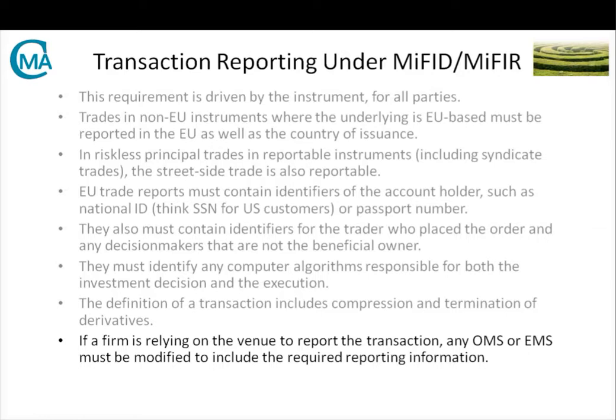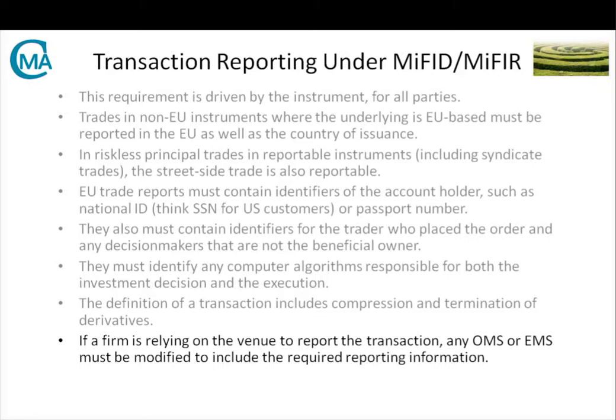Transaction reporting can be done by the venue, the trading venue, an exchange or an MTF or an OTF. But if you're relying on them, let's say you're an asset manager relying on them to do that, all of the information that's necessary, including all these identifiers you see above, has to be in the order in order for them to report.